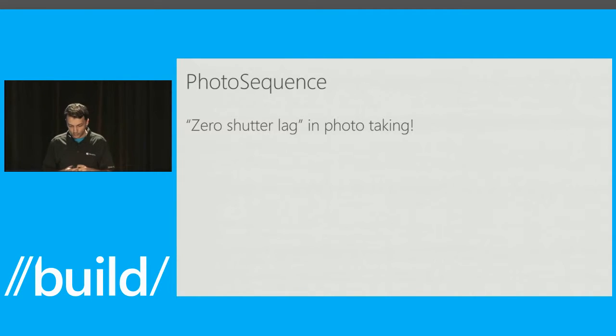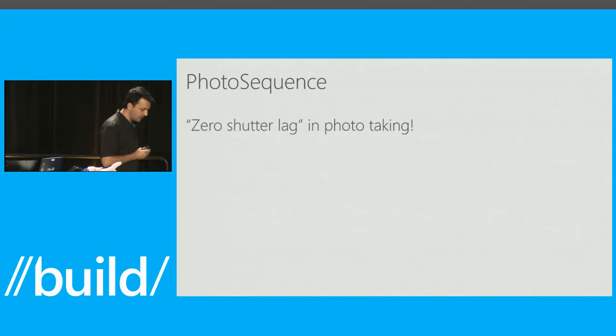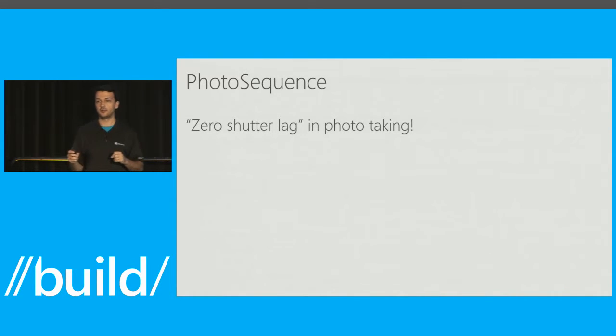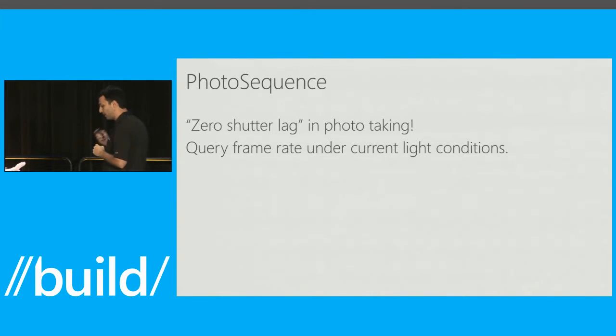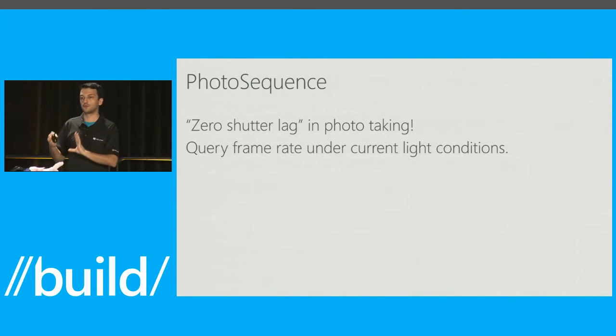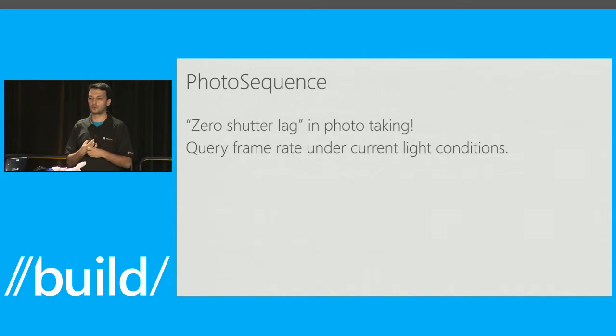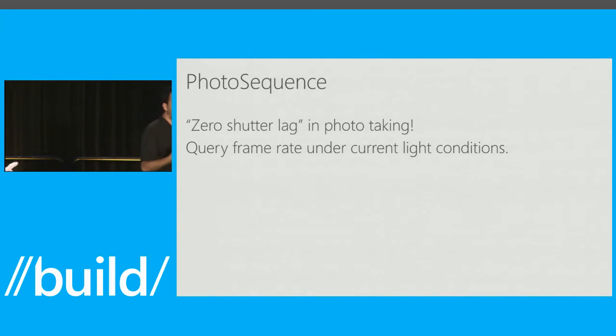OK. So with photo sequence, as you can see, you can achieve true zero shutter lag. You can directly choose the right picture that the user intended to take. The other functionality, part of the photo sequence that we are providing for you, is you're able to query the number of frames that the hardware is able to do at that given moment.